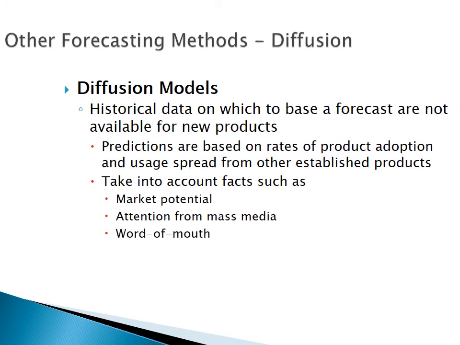Then you have the diffusion model. What is the diffusion model? Historic data on which to base a forecast are not available for new products. So a company is launching a new product, but you don't have any information on that. So what you do is build your forecasting model using information from other similar products which are already in the market.